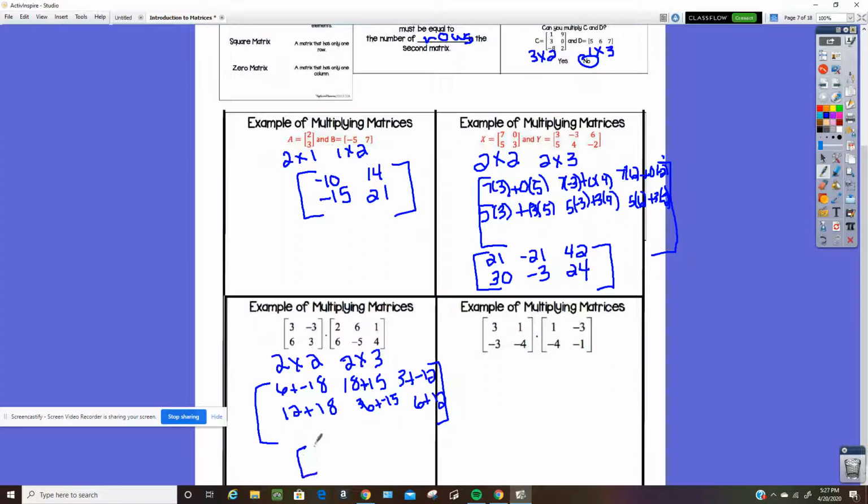So the entries I have, if I do this math here, -12, 18 and 15, 33, 3 plus -12, -9, 12 plus 18 is 30, 36 minus 15 would be 21, and 6 plus 12 is 18.